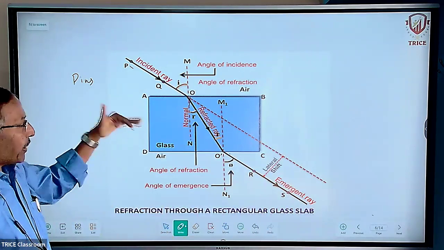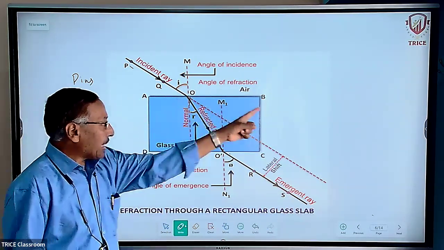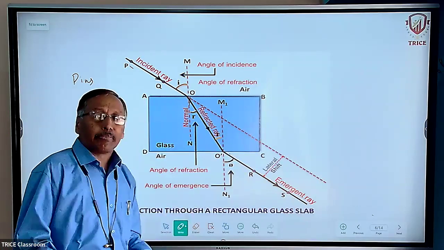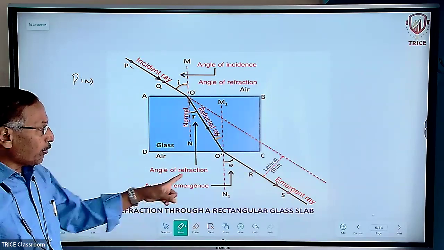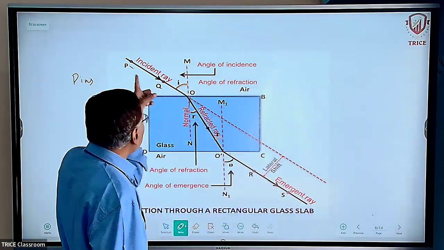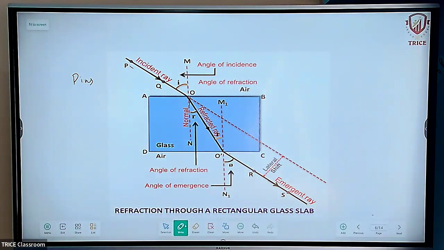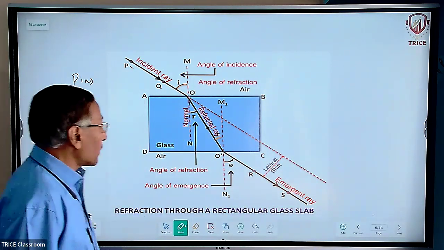The extent of bending of the light ray at the two opposite interfaces, that is AB and CD, is the same. That is why you find the emergent ray parallel to the incident ray. All right.